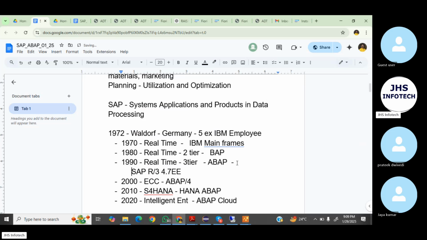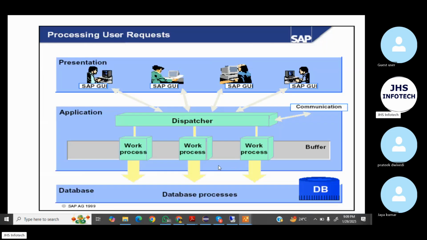After 2000, SAP renamed it as SAP ECC, and the names have been changing. But even after the name change, it still has the three-tier architecture. Those days they wanted to highlight this property of three-tier architecture, but later they thought this is very common, so they moved on. They renamed it, but the three-tier architecture still exists.